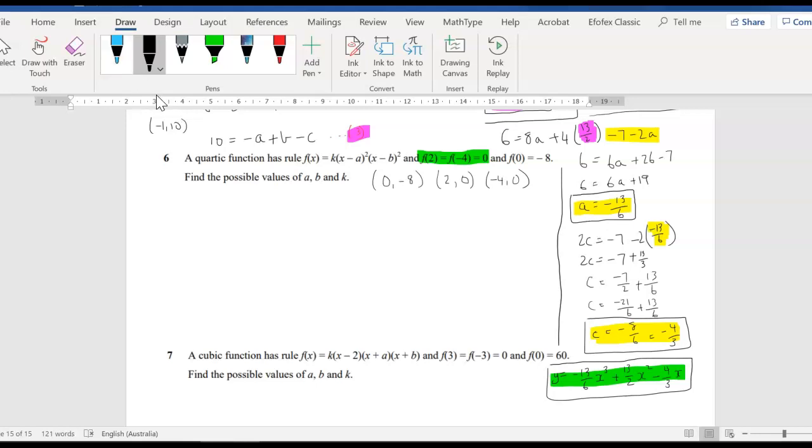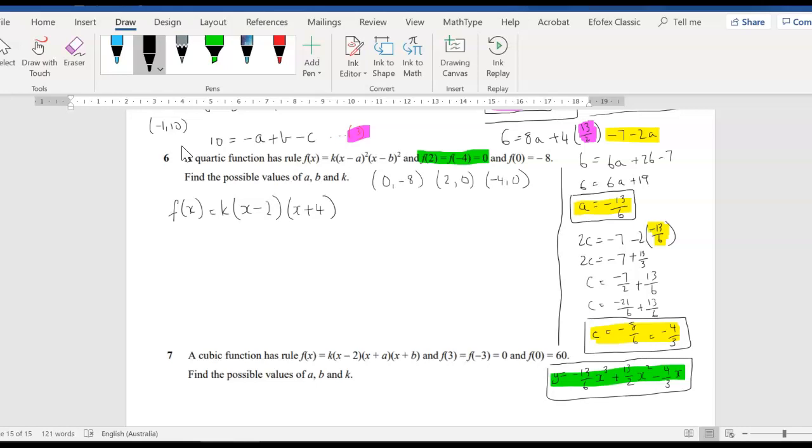is going to be sitting on the x-axis at A and B. All right, so I can go ahead and say, my equation f of x is going to equal k(x minus 2) and (x plus 4).